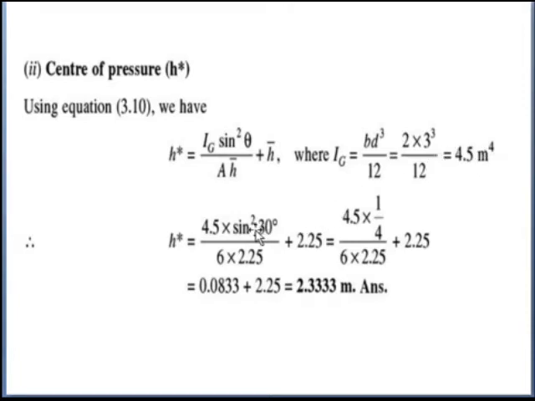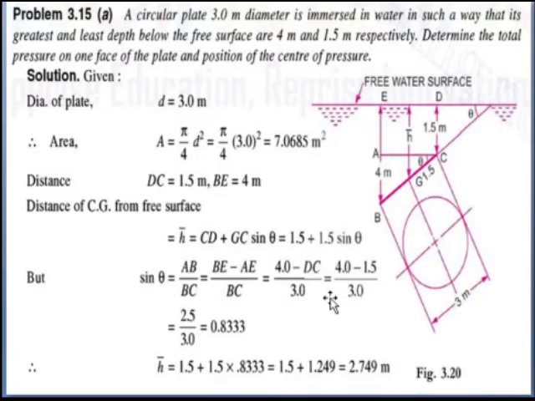Then putting all these values into the equation, we get the final value of the center of pressure, which is equal to 2.333 meter. So in this example we get the final value of the total pressure and also the center of pressure. Now we will go for the next sum.